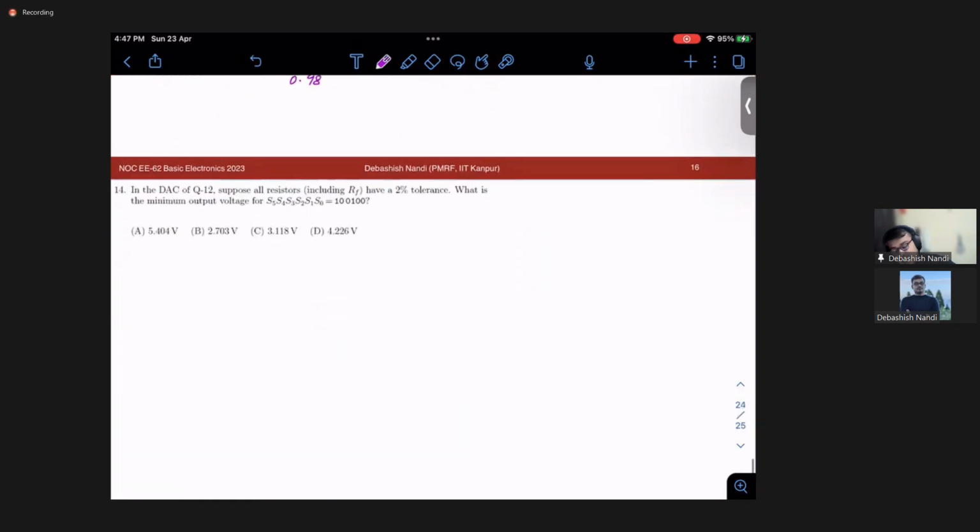So moving on to problem number 14, the same question. Now they want us to find the minimum output voltage. Similarly, my V out will be V naught nominal into 0.98 by 1.02, on the same logic we used in the last case.